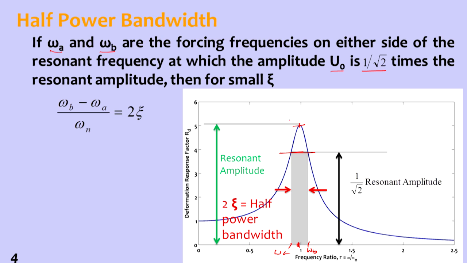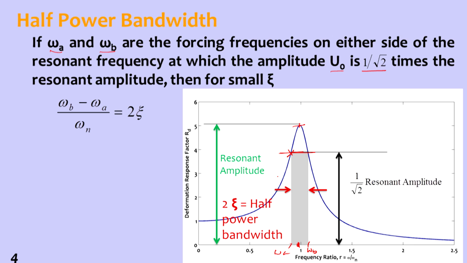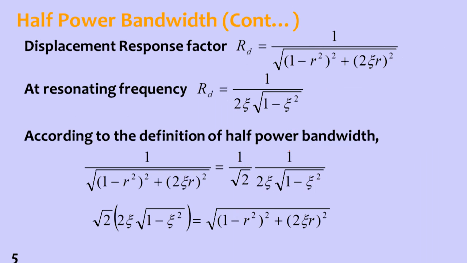Rd is this function. If we take this point, it is equal to 1 by root 2 times the resonating amplitude. We know the resonating amplitude, so 1 by root 2 times the resonating amplitude is equal to this function, and the function value we know.